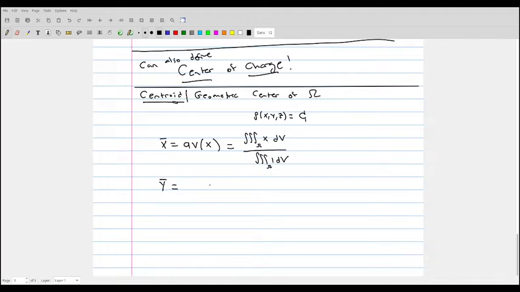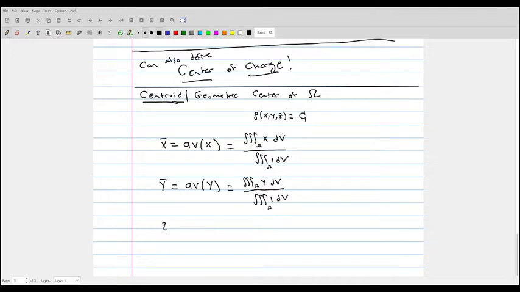The y coordinate of the centroid will be the average value of the y coordinate, which is the triple integral of y, the accumulation of the y coordinate, divided by the size of the region, which is the volume of omega, or the triple integral of 1 over omega.